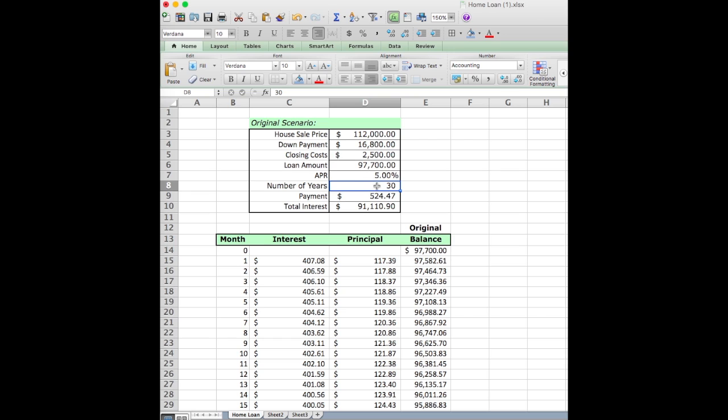I could also change the term of the loan from 30 years to 15 years, and you see that the monthly payment goes up, the total interest goes down, etc.